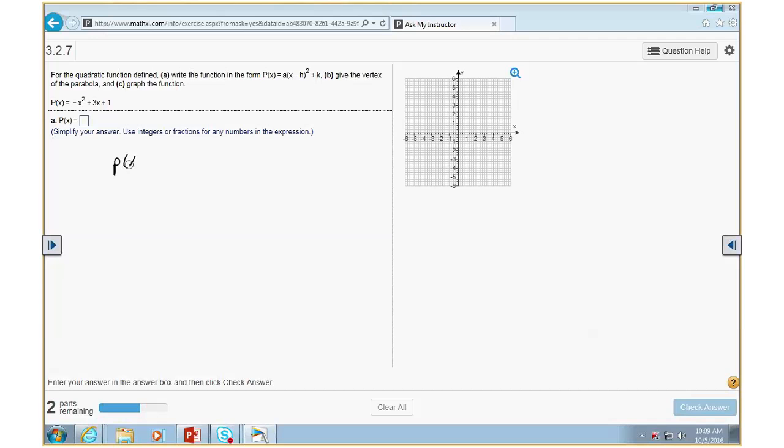P of x, you're a racist. Negative x squared plus 3x plus 1. There's three things in the world when I go to meet my maker. I said maker, I didn't say any particular maker. I don't want to offend anybody. When I go and meet my maker, there's three things that I can say I've never done. One is I've never been a racist.